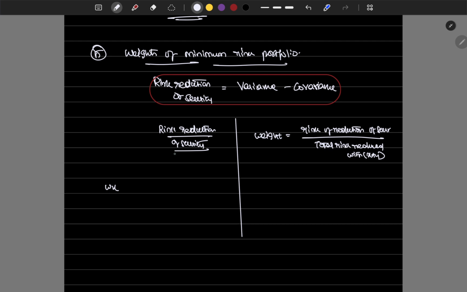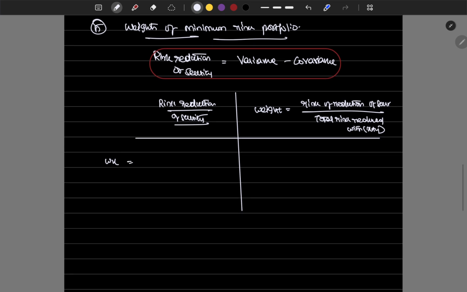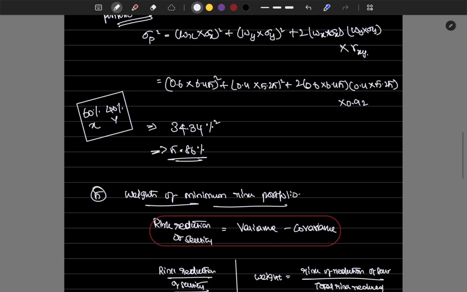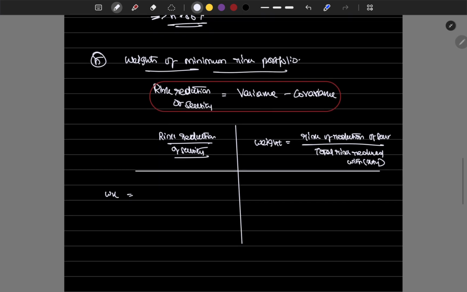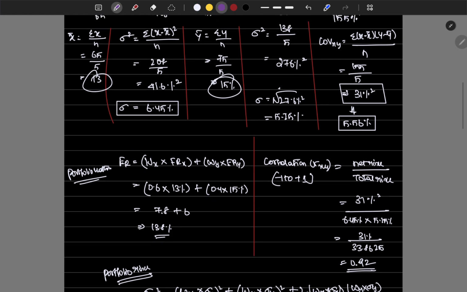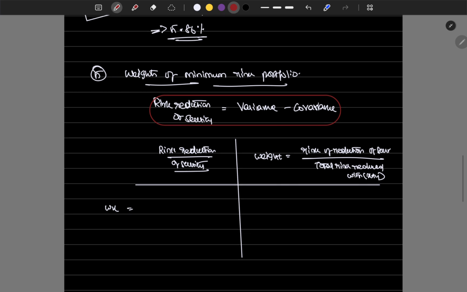Okay, that's it. Shall we calculate? Weight of x is equal to the risk reduction of the portfolio. What's the variance of x? Variance of x is 6.45%, but that is the standard deviation. We have to take the actual variance, which is 41.6, 31.2, and these three values are required for our risk reduction of security calculation.